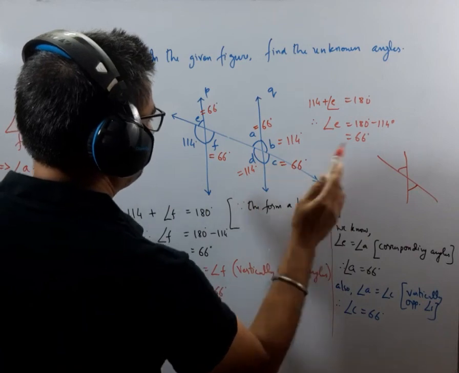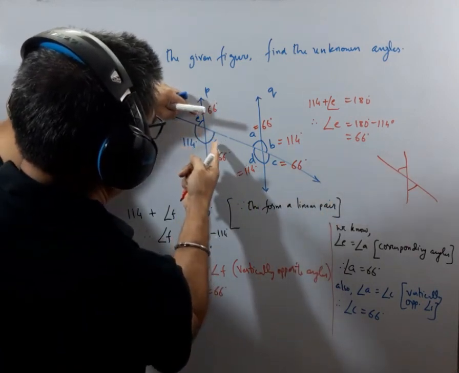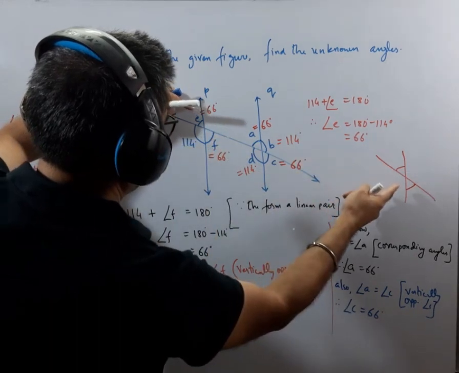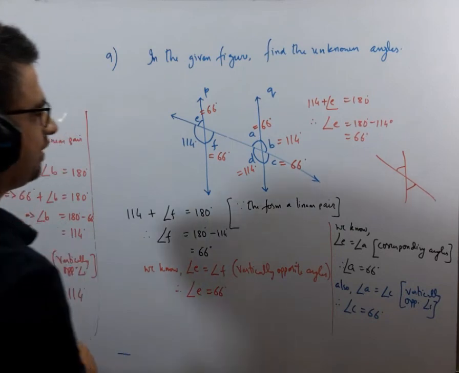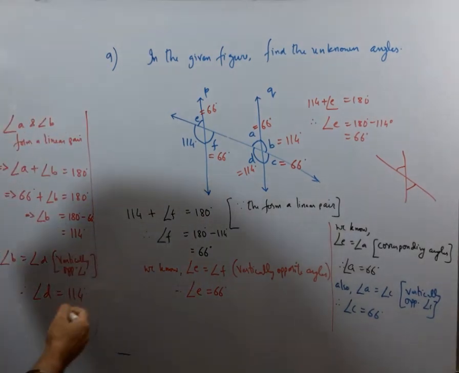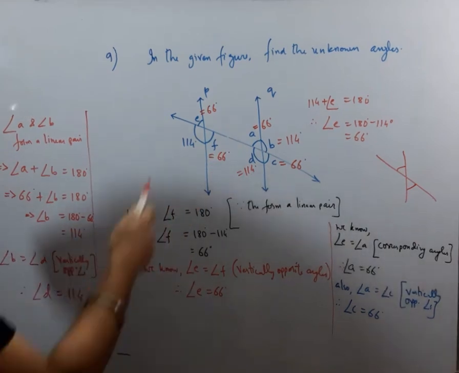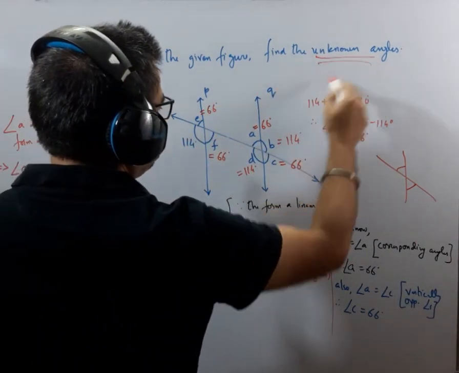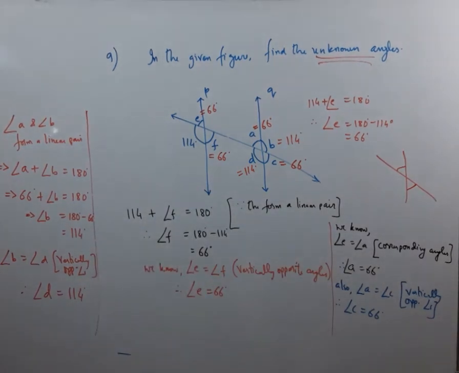You will appreciate that for the very same reason why E and F are vertically opposite angles, B and D are vertically opposite angles, and that's the reason why D is equal to 114 degree. So you can see each one of the unknown angles determined, and this is how we solve this question.